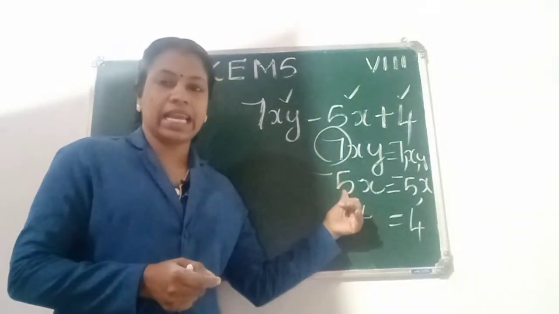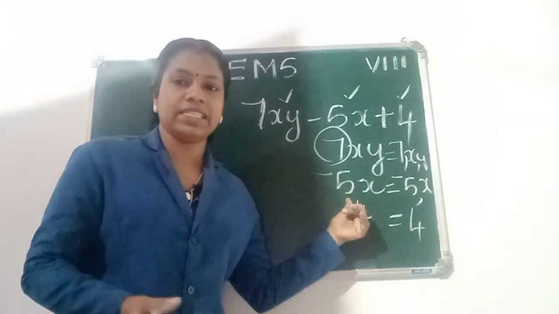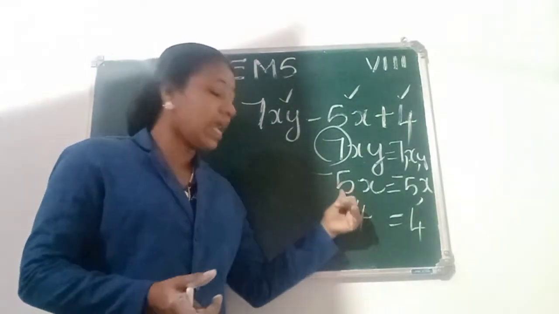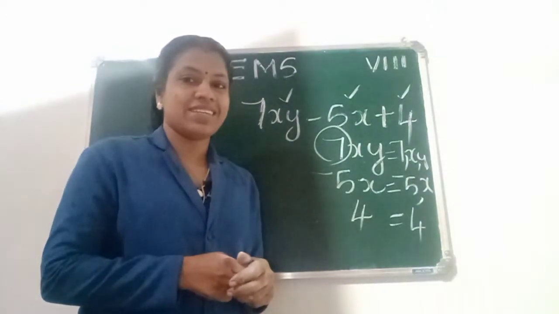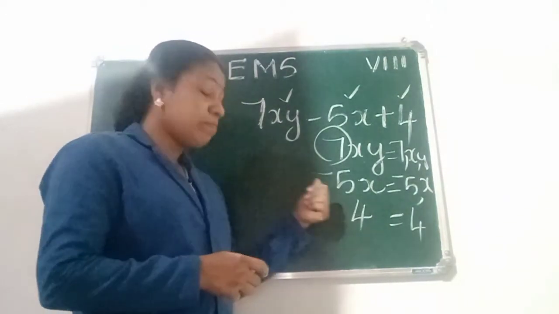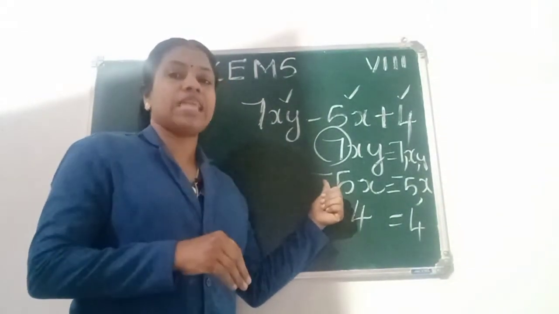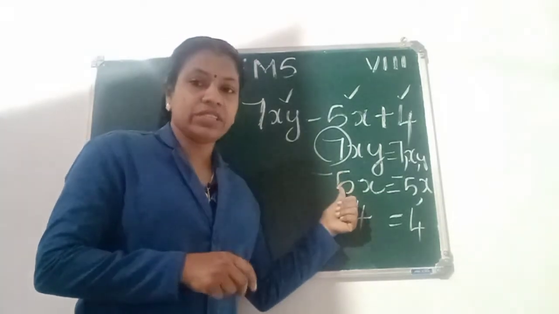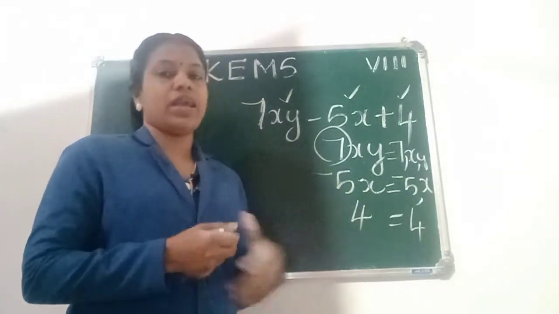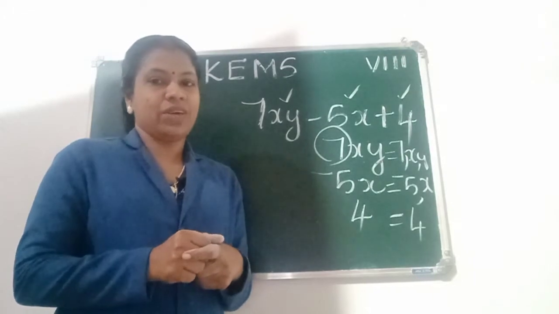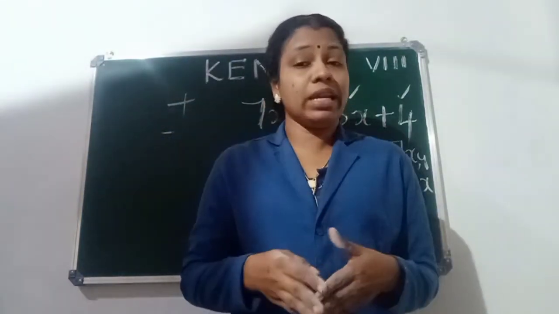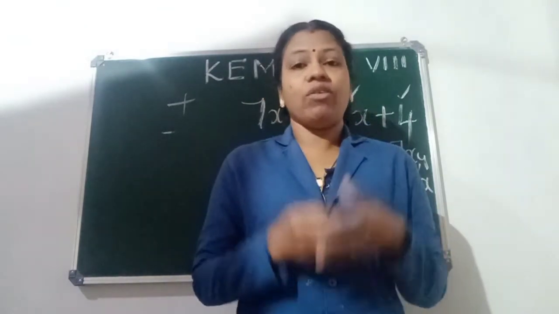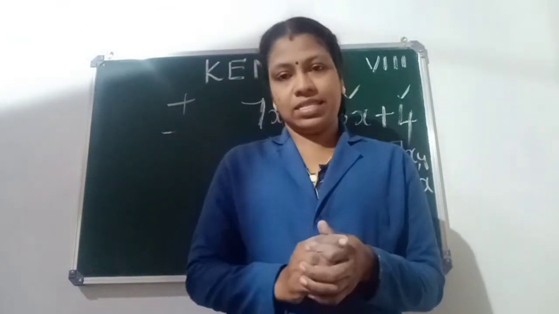Now what about the second term? Minus 5x is the second term. Therefore the coefficient is not 5. It is minus 5 along with the sign. So the coefficient of the second term is minus 5. Clear? The numerical factor of a term is called its coefficient.